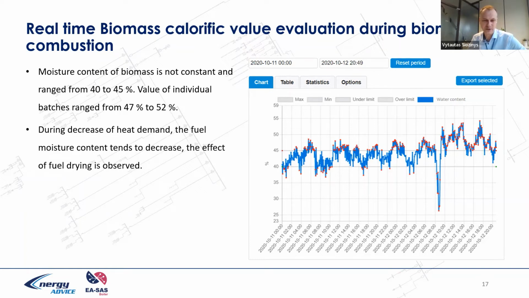Even here we see a drying process, where we probably reduced boiler capacity, which leads to reduction of fuel supply and drying of the fuel. So in this situation there was a fuel drying process, an absolutely different behavior of a boiler. And here probably the thermal capacity was increased and extra fuel was added to the boiler, and you can see it increased the calculated water content inside fuel and flue gas.